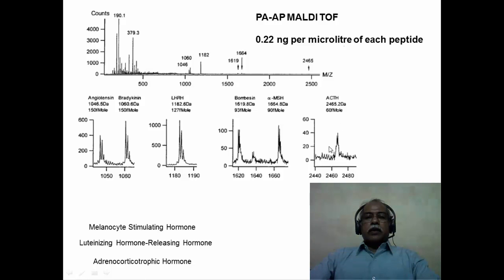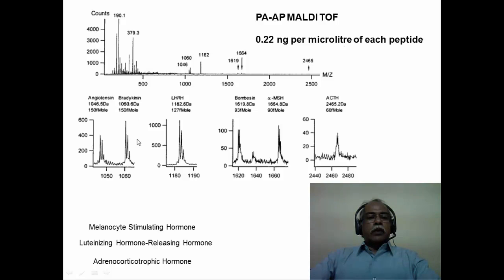Now let us look into some applications of MALDI spectrometry. Here the mass spectra of several hormones are given. These are all recorded under MALDI conditions. For example, angiotensin and bradykinin, with molecular weights of the order of 1046 and 1060, and 150 femtomolar concentration is what is injected.